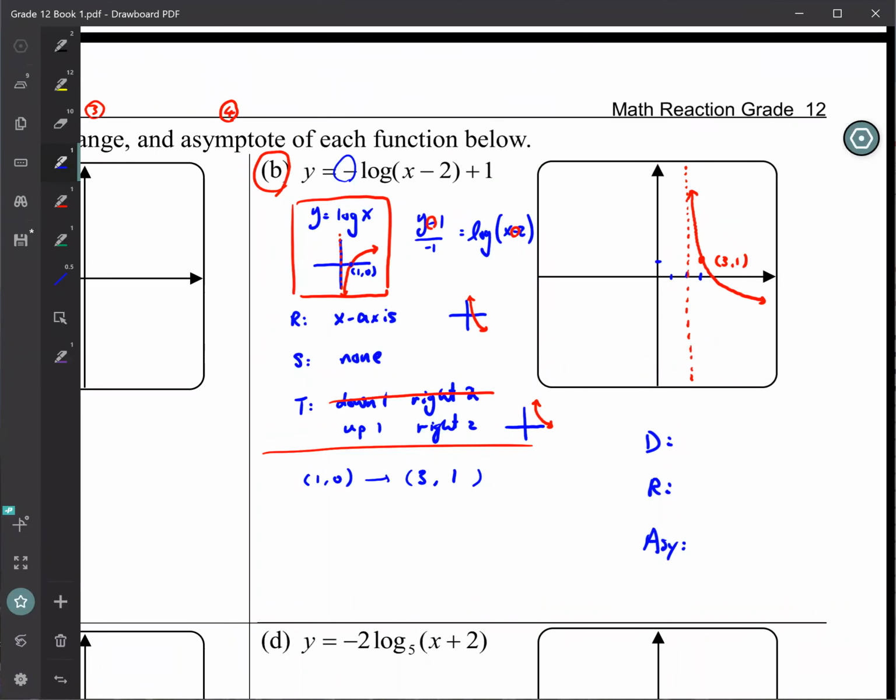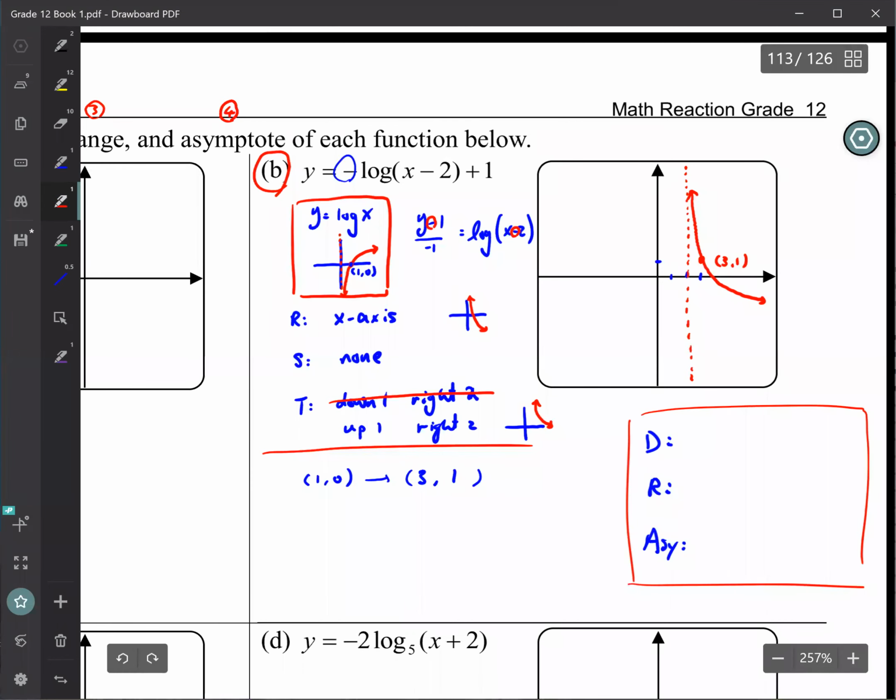So when you finish the 3 things, please raise your hand. Equation of asymptote, domain, and range.